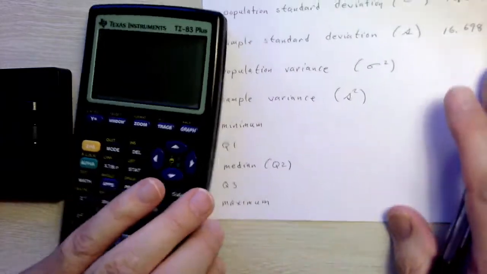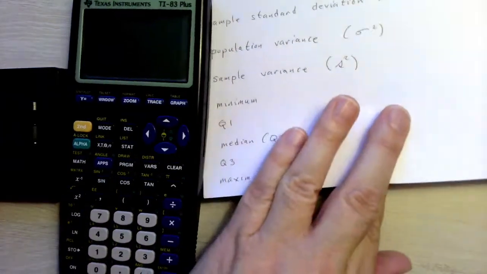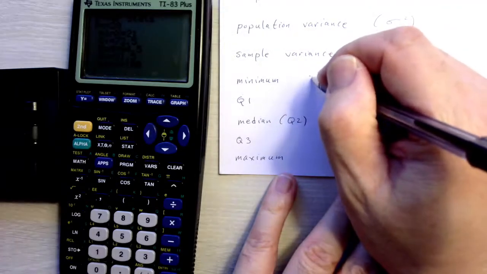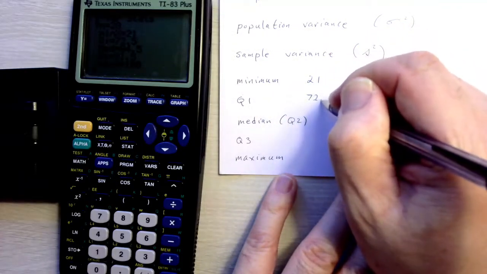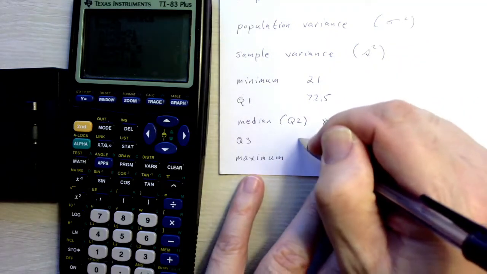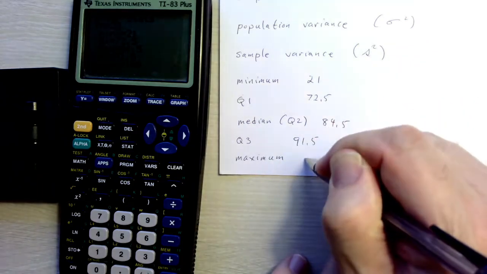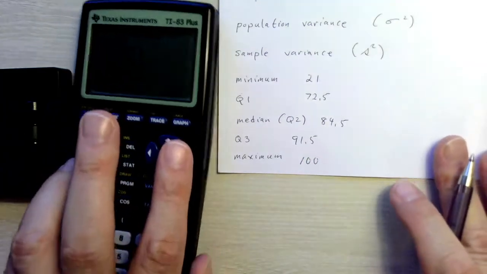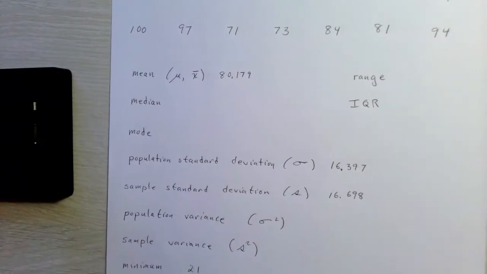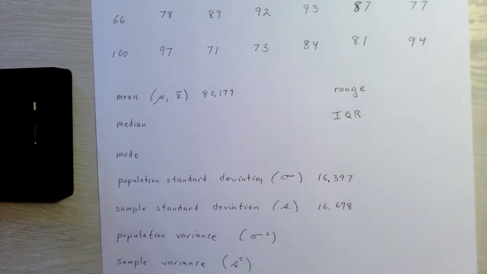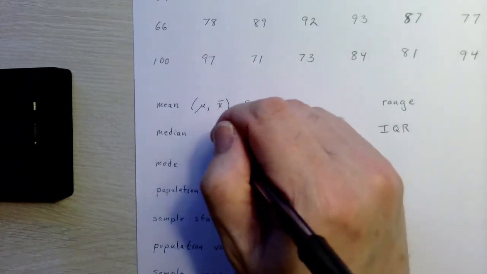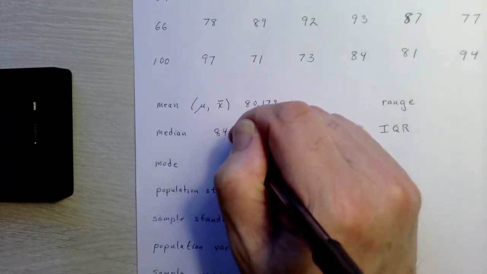So we can enter those here. Okay, and then the rest of the stuff we have to do by hand. Well, first of all, the median Q2 is already down here, so that's 84.5.